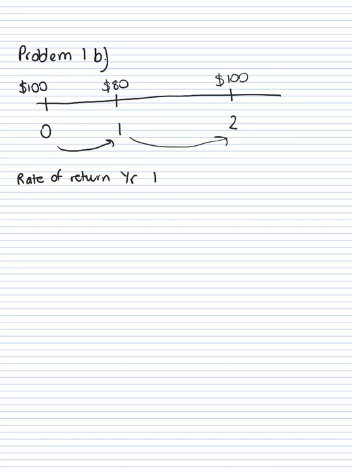And what is the rate of return in year 2? So this is for part 1. Now, the way that we calculate that is we use the formula, the cash flow in year 1 minus cash flow at time 0 divided by the cash flow at time 0.